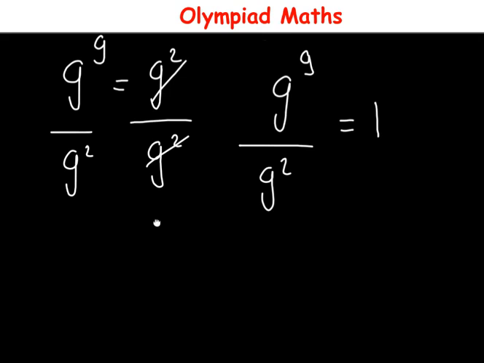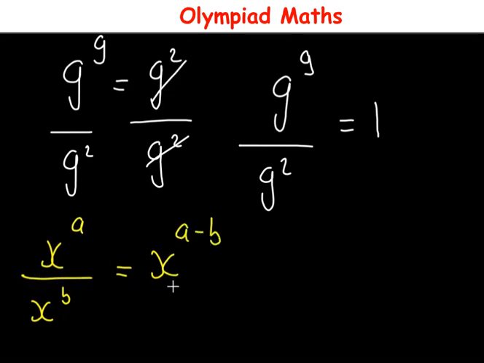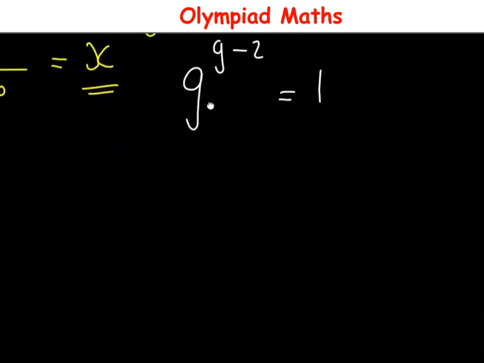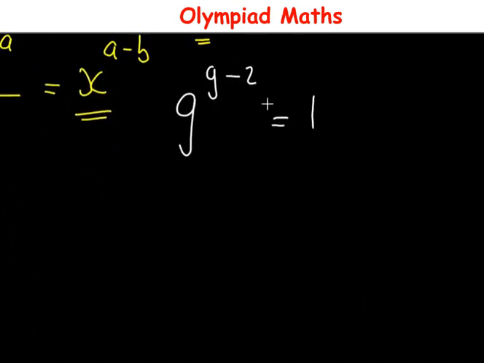Now, following this rule of indices, that if you have x raised to power a over x raised to power b, since the bases are the same, we can simply pick one and then subtract the powers since they are joined by a division sign, so a minus b. Applying this right here, this then becomes g raised to power g minus 2 is equal to 1. Now, with this, we can introduce natural logarithm to this equation.